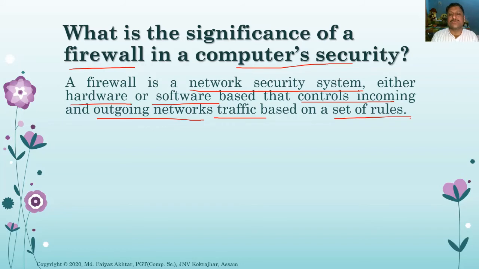There are rules defined in the firewall. If someone tries to avoid or misuse these rules, it will capture that signal and block that system. This is how the firewall is established. Incoming and outgoing network traffic is controlled based on a set of rules.